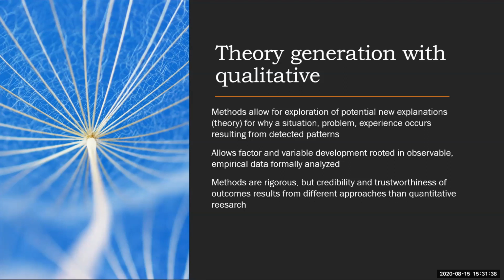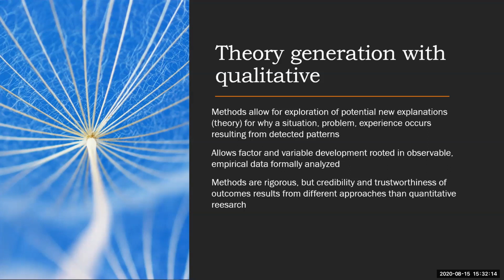They're also rigorous because they have a different credibility and trustworthiness process, usually called triangulation, where you may have multiple observers on the same data set, multiple forms of data so that you can confirm that X, Y, and Z is happening the same way. Things like member checks, where you go back and say, this is how I interpreted it. This is what I think you said, participants. Is this what you really said? So it's just different. It's not less rigorous. It is definitely empirical. It's just different.